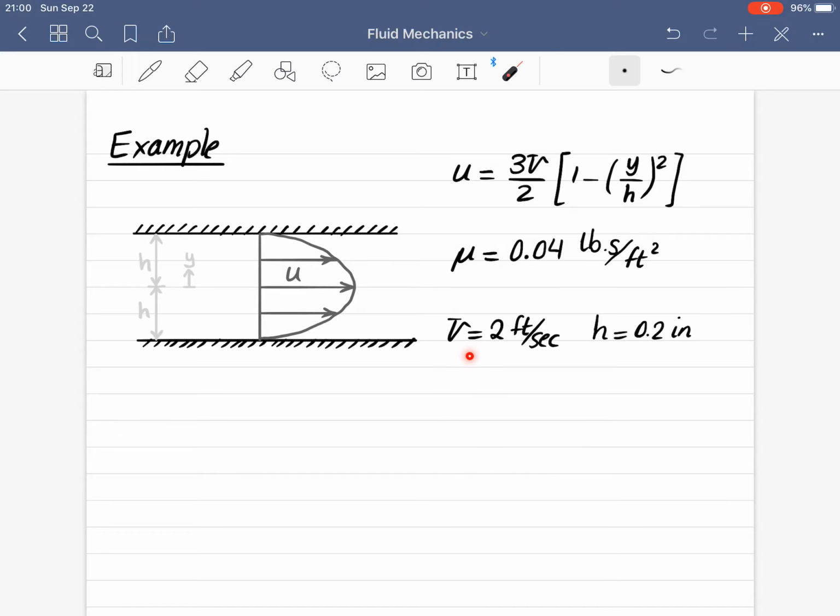Also the value of the mean velocity and also h, which is the half of thickness of the fluid film, is given.